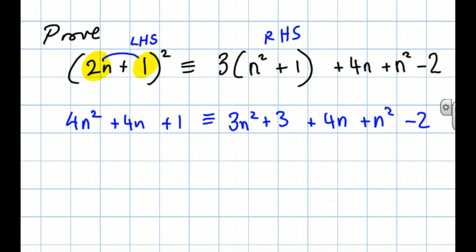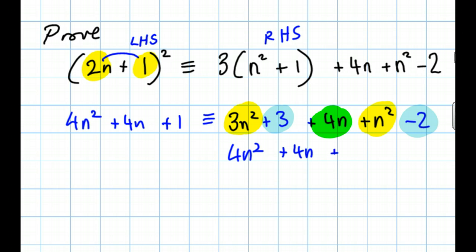Let's check. Gather together like terms, we get 4n squared. Gather together the n terms, well, there's only one, isn't there? So it's plus 4n. And then look at the constant terms, the numbers, we get plus 3, take away 2, which simplifies as plus 1. So yes, we've proven the left-hand side is always equal to the right-hand side.